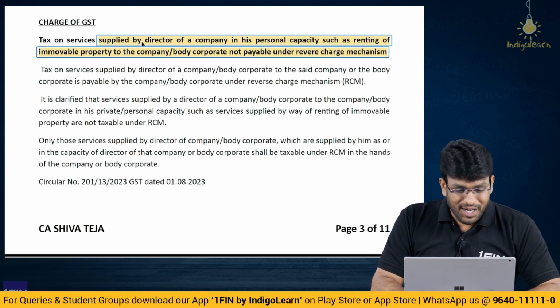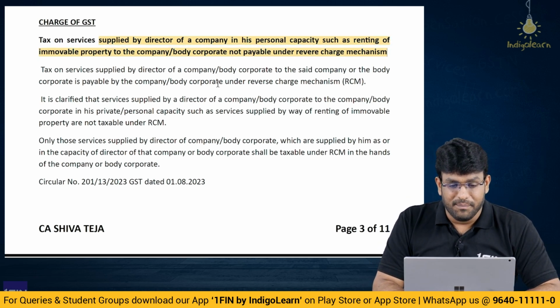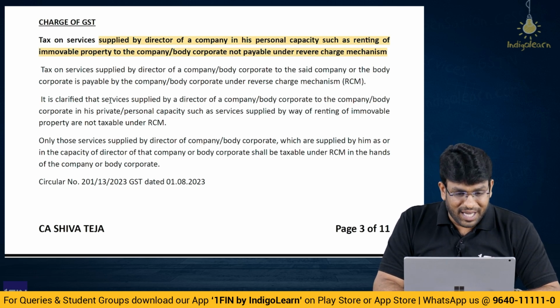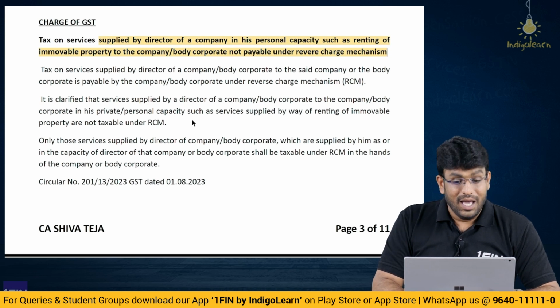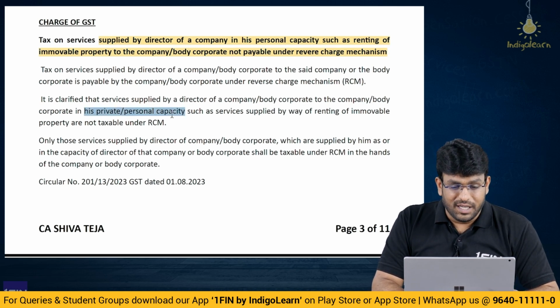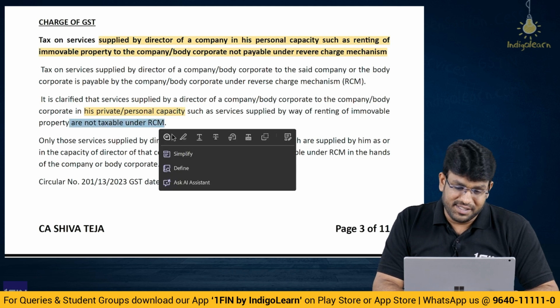See that. Tax on service supplied by a director of a company to the said company or body corporate is payable under RCM. It is clarified that services supplied by a director of a company to the company in his private or personal capacity, such as renting of property, are not taxable under RCM.